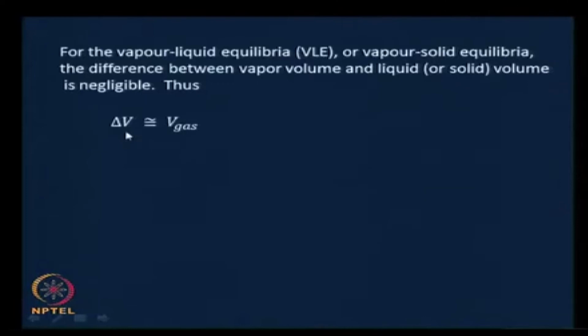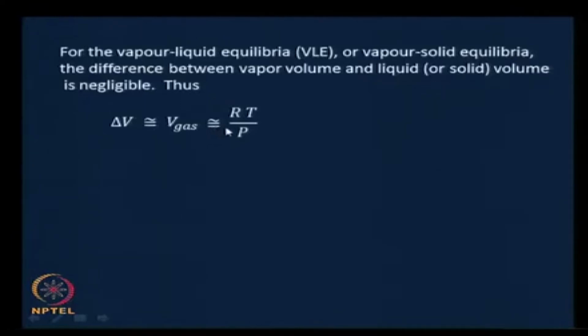this delta V, if you can recall, was nothing but, in the case of vapor liquid equilibria, V vapor minus V liquid or V gas minus V liquid. We can replace the delta V by approximately the volume of the gas itself. We are essentially neglecting the volume of the liquid or the solid here, and the volume of the gas can be approximated if the gas can be considered to behave ideally.